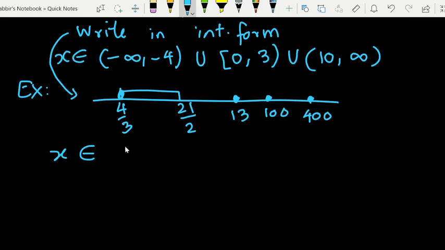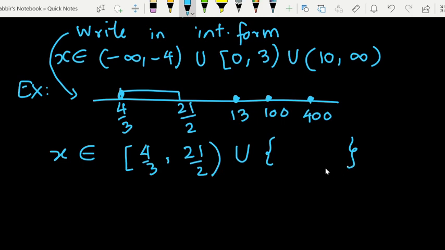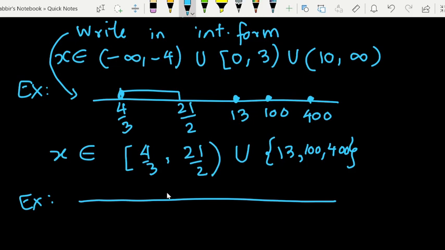So x belongs to, we can write it like this, guys. 4 by 3 is included to 21 by 2 which is excluded, so round bracket. Now please see this union. Discrete points, we have seen in set theory, are written inside curly braces separated by commas: 13, 100, 400. That way we can write, guys. Okay, so that's a way of writing a solution set in interval form. And let's take one more example.